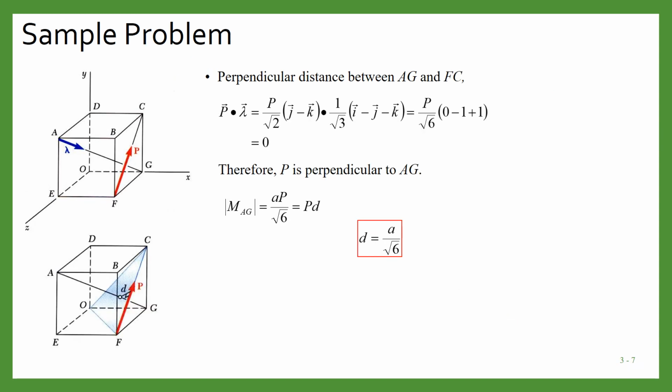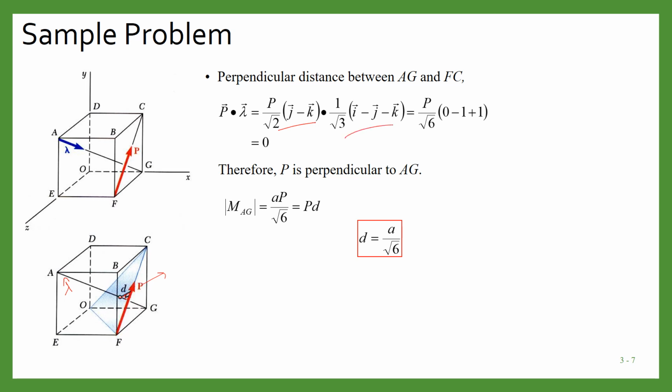Now the next part is you need to calculate the perpendicular distance between FC and AG. So as you can see in this figure, this is the perpendicular distance, okay. Now this AG lambda we have just calculated, means unit vector along this direction, and P we already know, P is this, P by root 2 j minus k, and this we have just calculated.